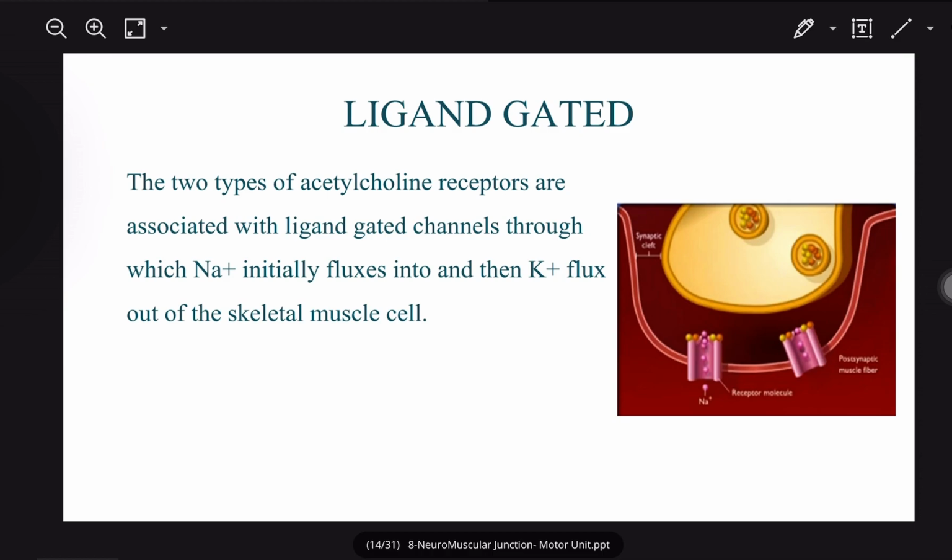So we talked about the ligand-gated receptors, and now we are going to understand why they look like this or function like this.